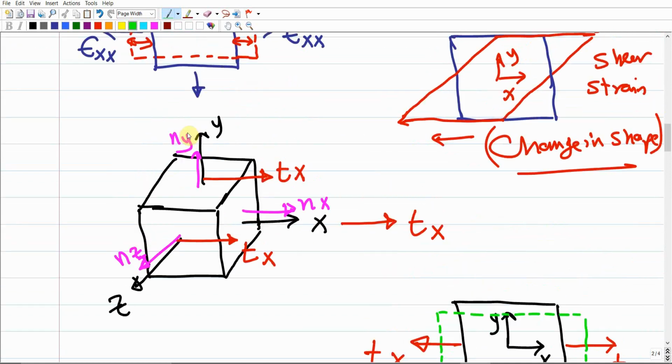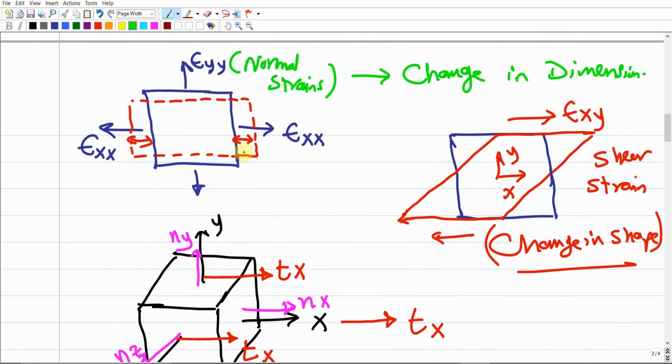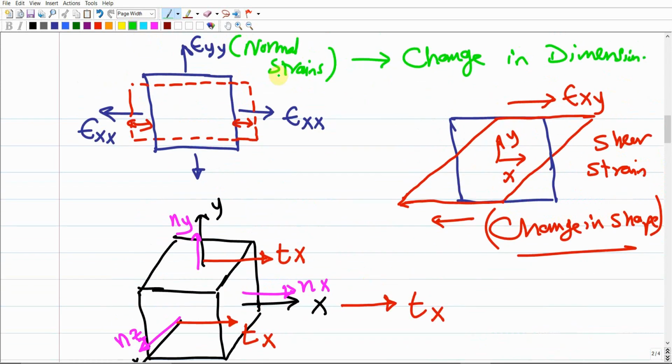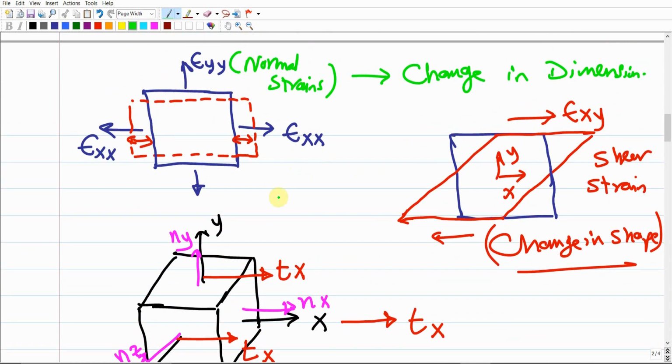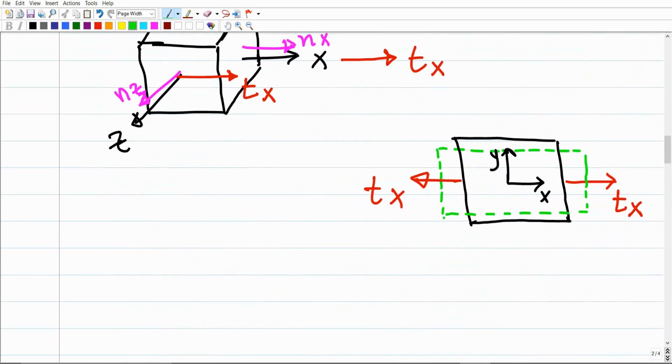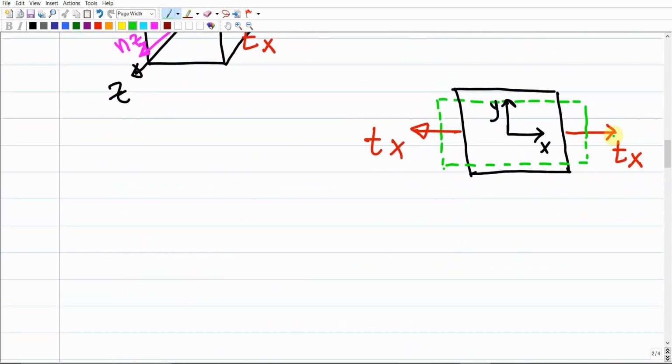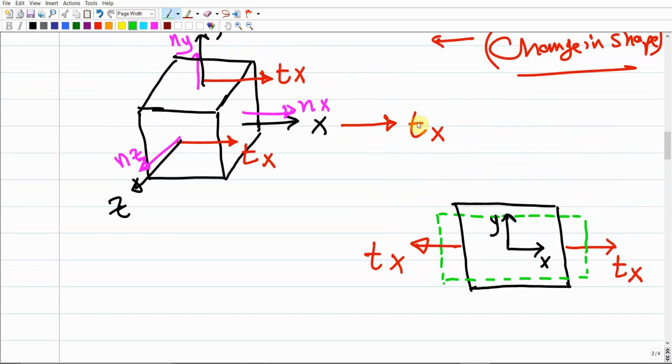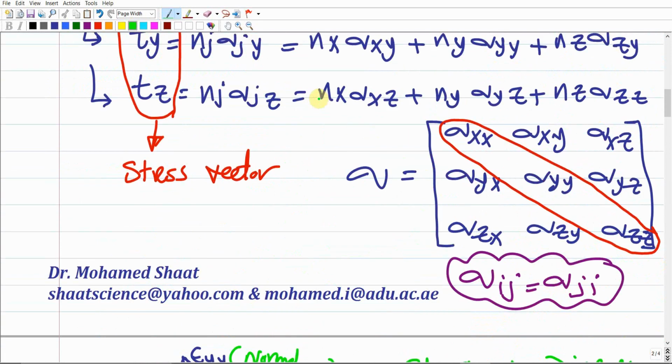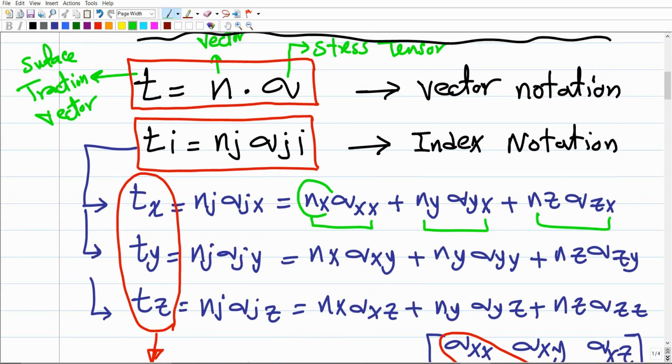Which is going to be very similar to this case. It means that this continuum will produce some epsilon xx, which we used to call normal strain, right? But remember that this Tx is acting on the surface whose normal is x.